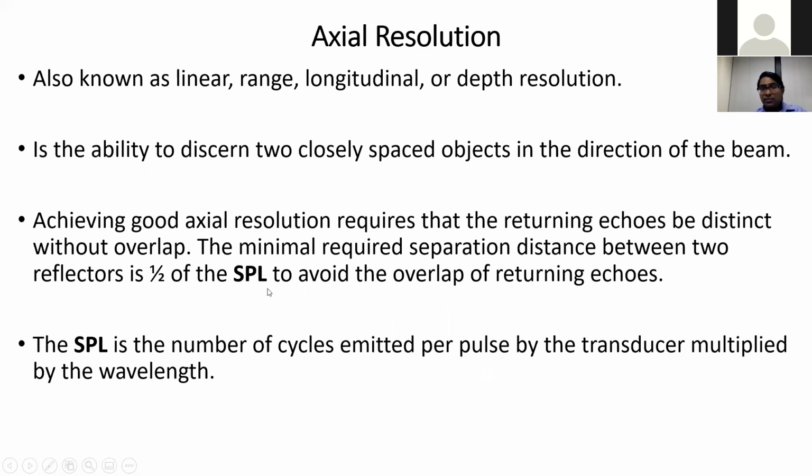Spatial pulse length, as I mentioned earlier, varies based on application. Typically, it's between lambda and 2 lambda. So if the reflectors are closer than lambda by 2 or lambda, we might have challenges in differentiating them. And that's the limit of the axial resolution that we have.